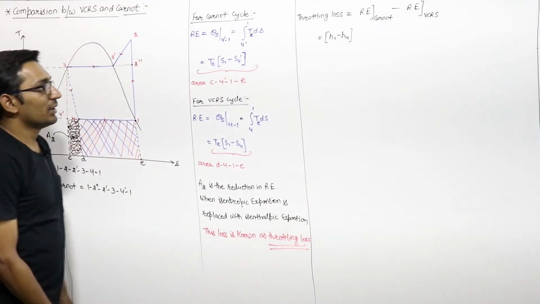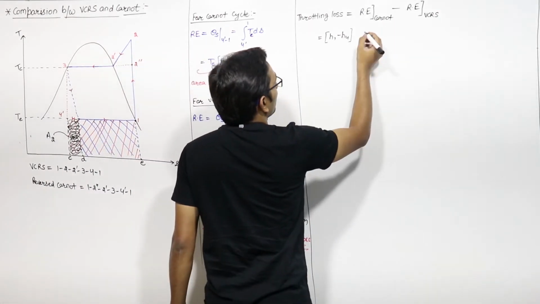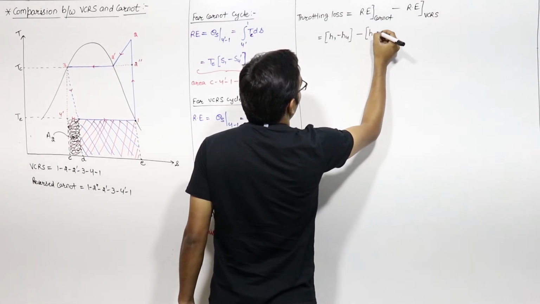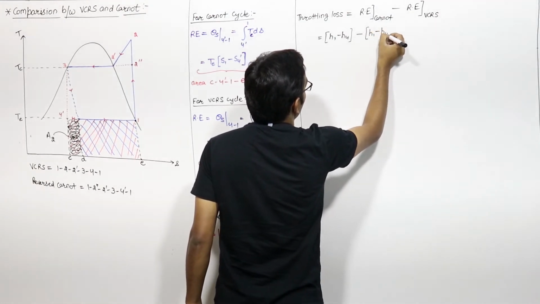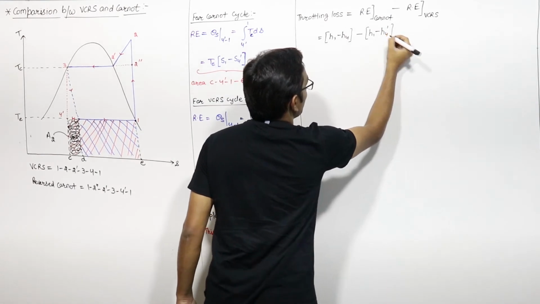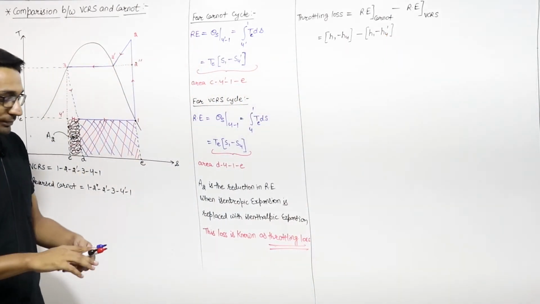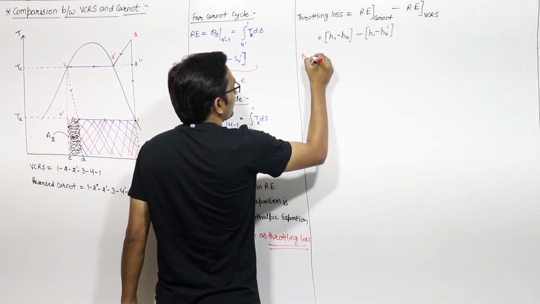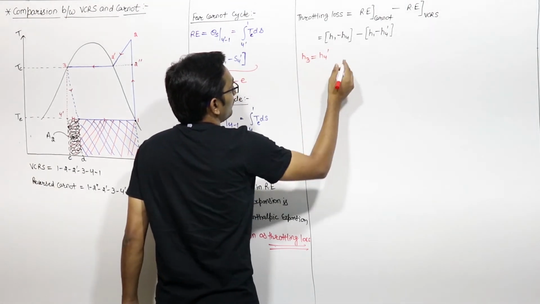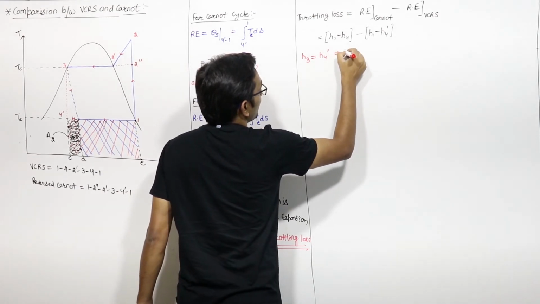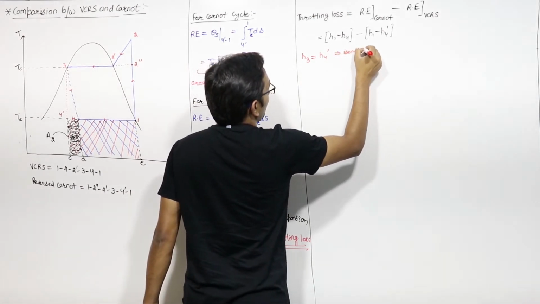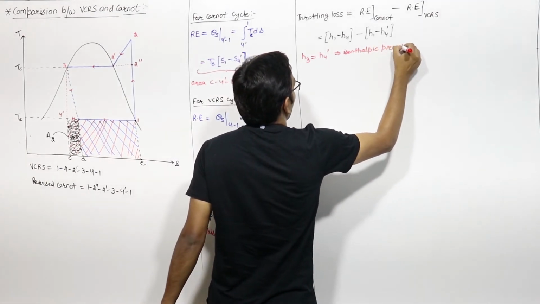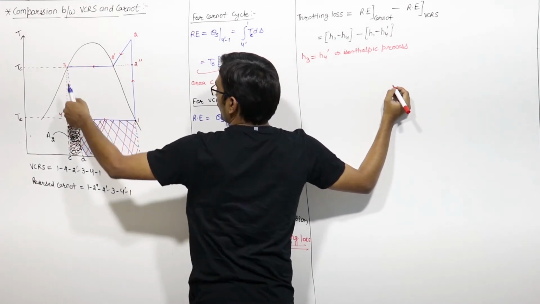We know this. And what is the refrigeration effect in VCRS? This will be equal to H1 minus H4 dash. And you know that H3 will be equal to H4 dash, because it is an isenthalpic process and enthalpy is constant.